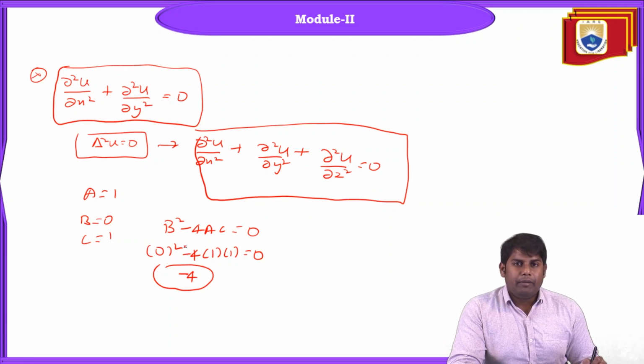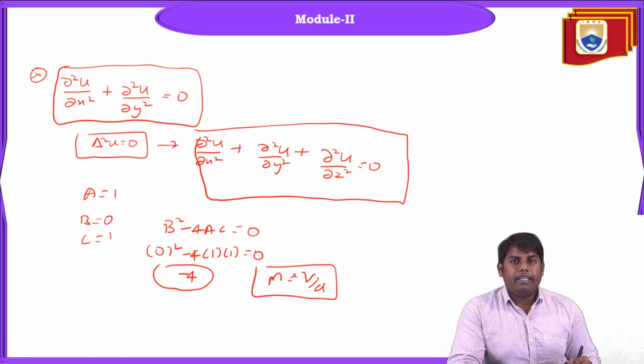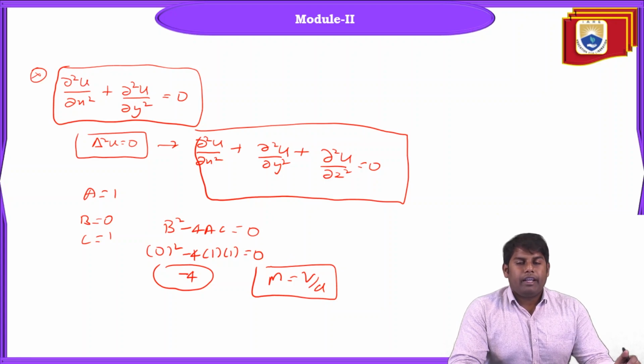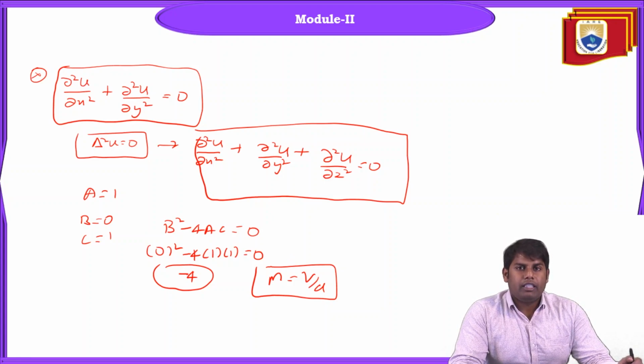When we say this is elliptic, the elliptic problems have a speed of sound which is indeterminate. Basically, the Mach number M is equal to V by a, where V is the velocity of the object and a is the speed of sound.